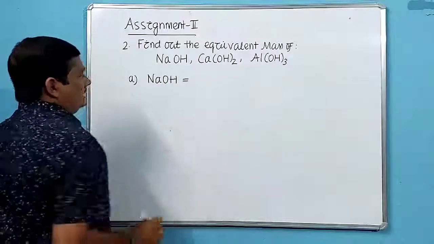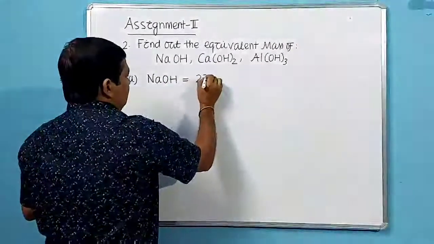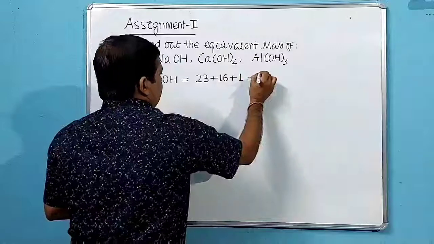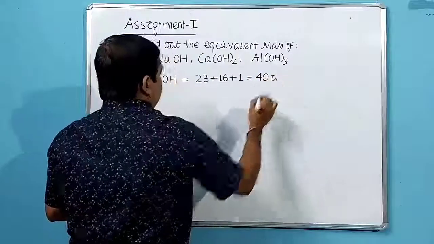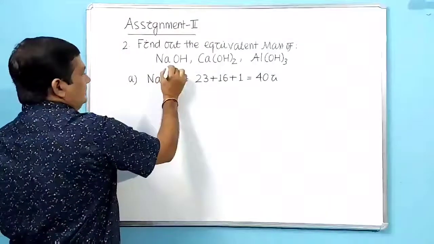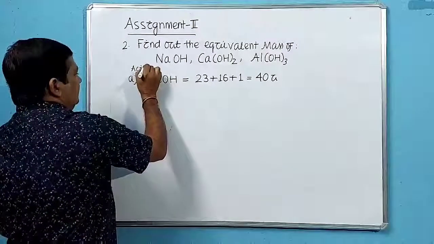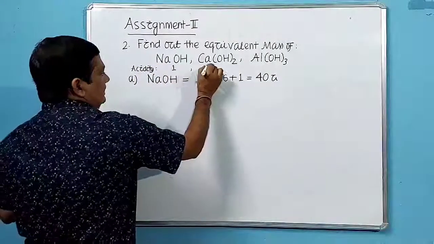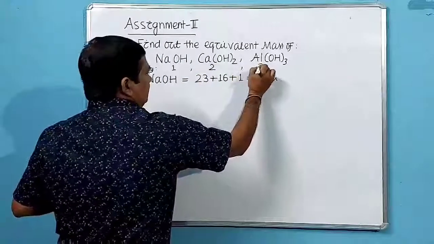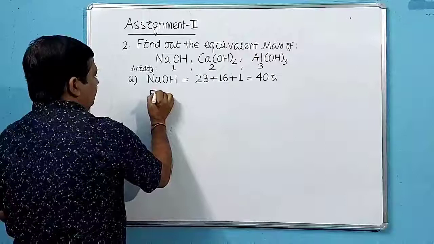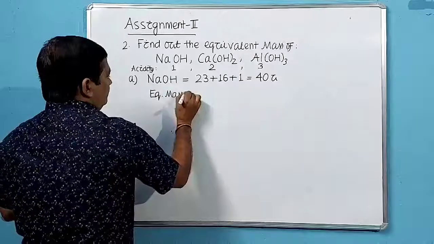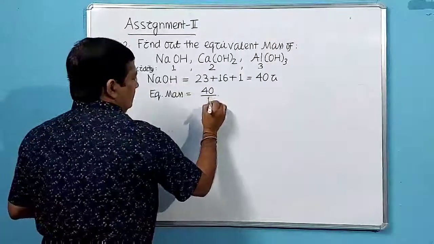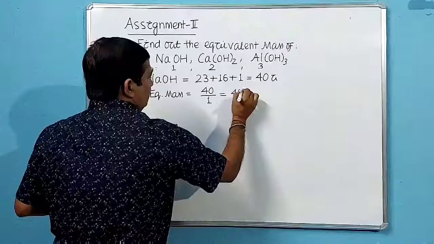Molecular mass: sodium is 23, oxygen is 16 and hydrogen is 1, so the molecular mass will be 40 U. The acidity, that is the number of replaceable OH minus, here is 1, it is 2 and 3 for the others. So the equivalent mass of sodium hydroxide is 40 divided by acidity 1, so it will be 40.